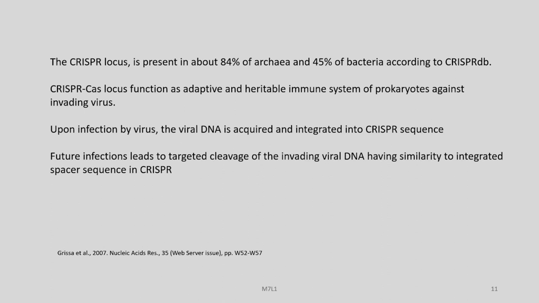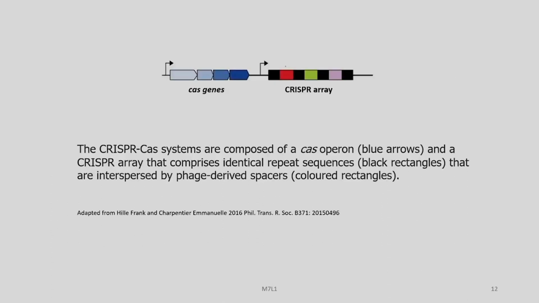but it will not happen in the male population. So, upon infection with virus, the viral DNA is acquired and integrated into the CRISPR sequence, as we have shown in the figure earlier. Future infections would lead to targeted cleavage of the invading viral DNA, having similarity to the integrated spacer sequence of CRISPR. Now, you can see this in simple terms, the CRISPR-Cas loci, where you have the Cas genes and you have the CRISPR array.